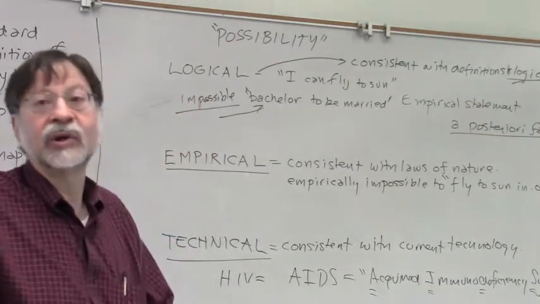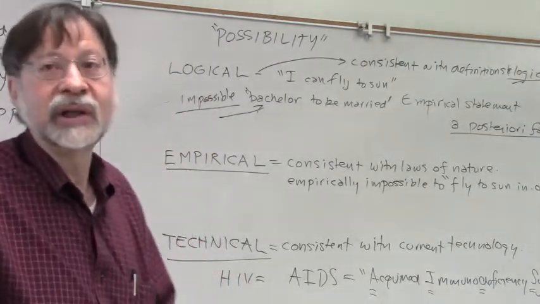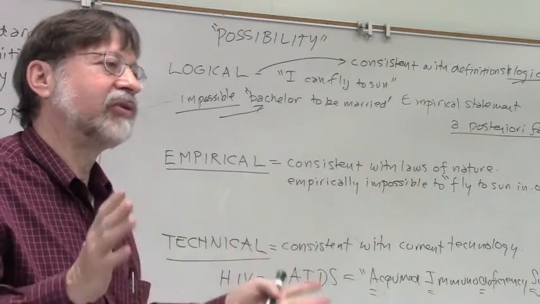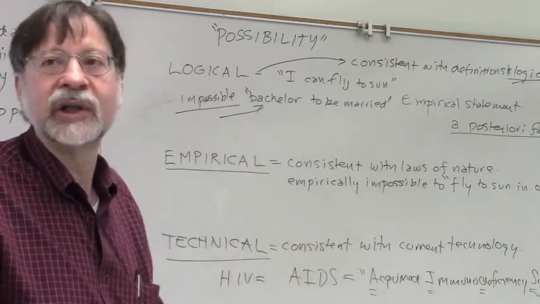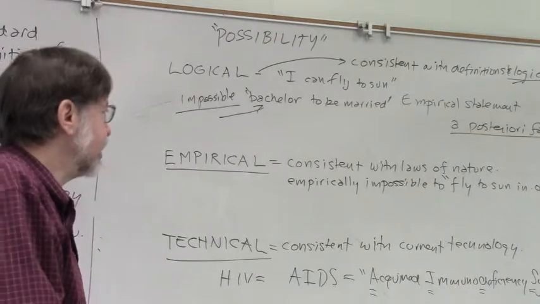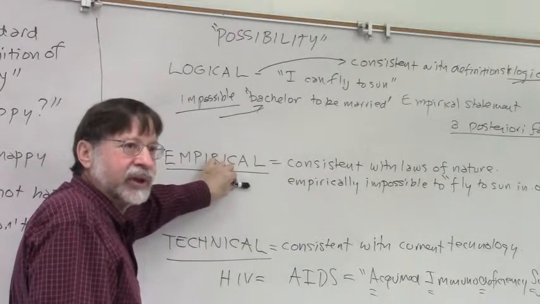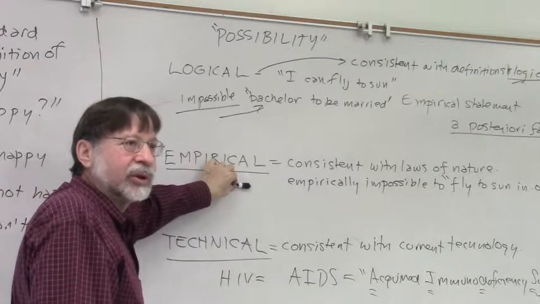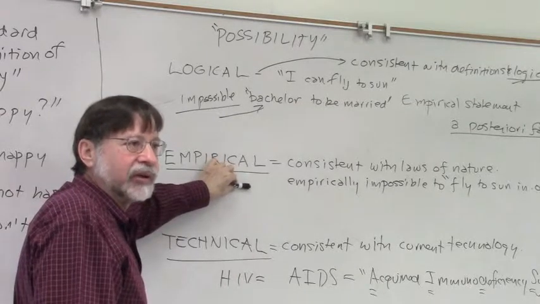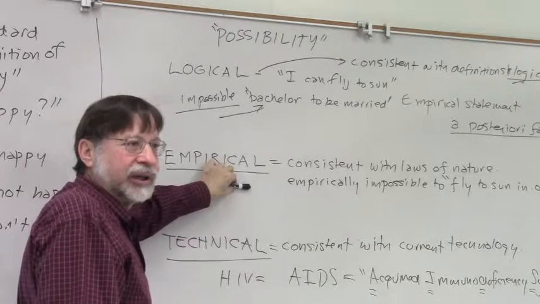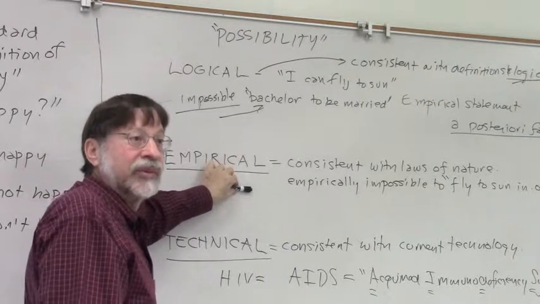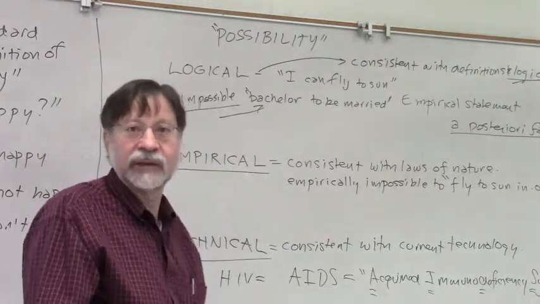But right now, if you acquire the disease, it can kill you. Do you think someday they will be able to create something to cure people who have it? Maybe, but we don't know. Don't know if it's empirically possible or impossible. It hasn't been done yet, so we don't know if it's possible. There are a lot of people who believe it's possible, so they're working on it.